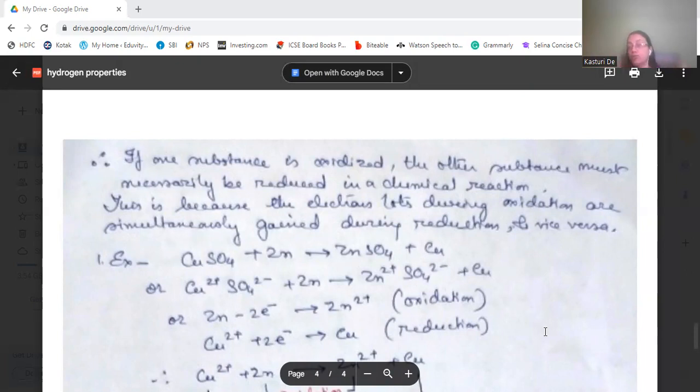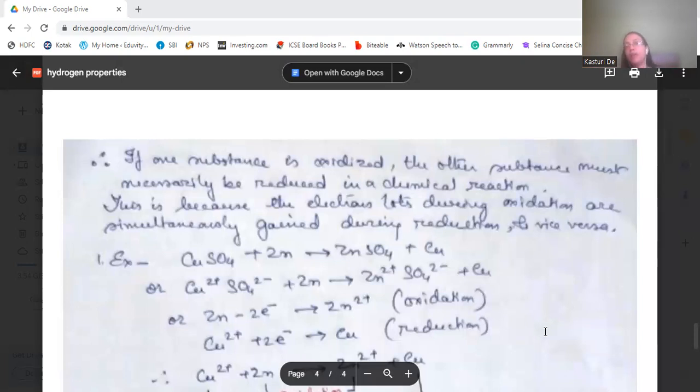The substance that loses electrons, those electrons are gained by some other substance. So both processes occur together. In the same way, when a substance is gaining electrons, some other substance will lose electrons.